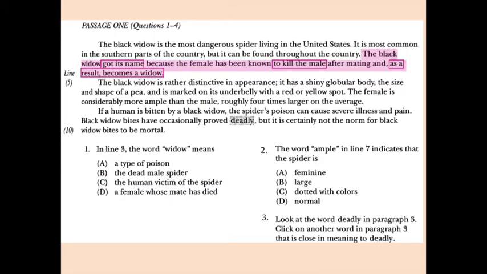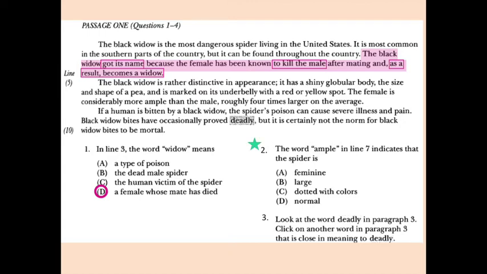C, the human victim of the spider. No, we are not talking about humans. D, the female whose mate has died. Yes, that is the answer. It says that a female spider kills the mate and as a result becomes a widow. So D is our answer.